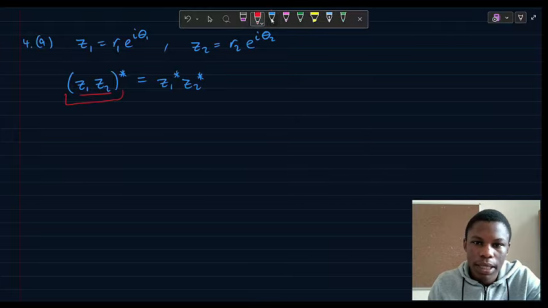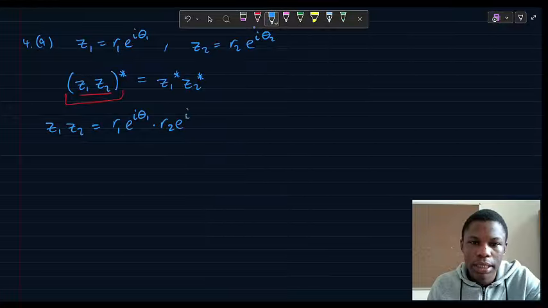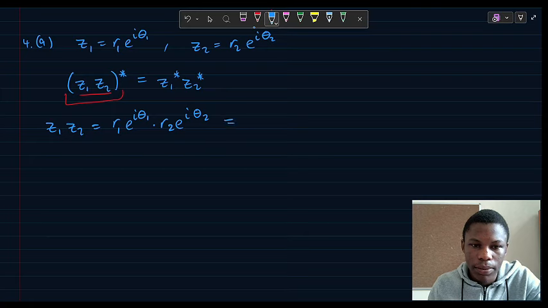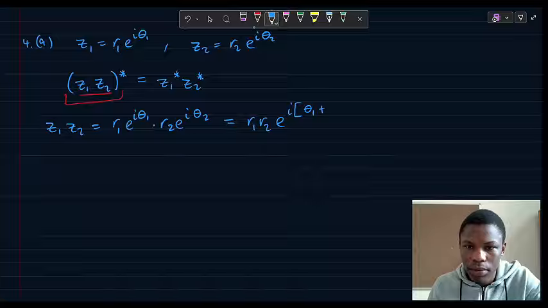So if we multiply Z1 and Z2, that's R1 e to the i theta 1 multiplied by R2 e to the i theta 2, right? And so that is going to be equal to, multiply the moduli, R1 times R2, e to the i, and then add the arguments. So theta 1 plus theta 2.